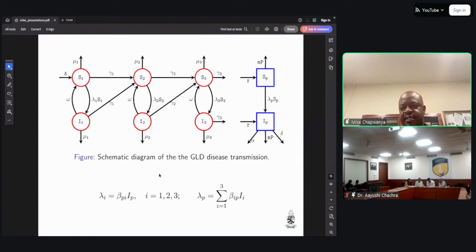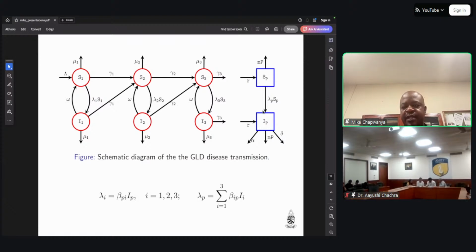Now, if one looks at a compartmental model of such a case, then you have the first instar, which is the subscript 1, second instar with subscript 2, third instar with subscript 3. Now you see in this case we removed the adult stage because it doesn't fit. Then on the far right side, which is the blue, that's the plant itself.